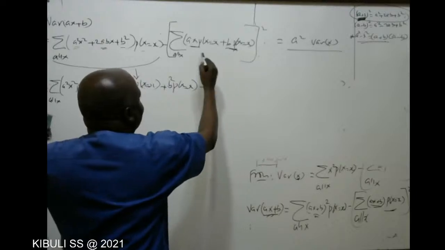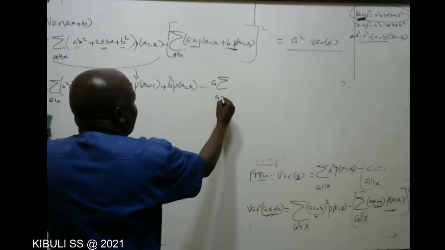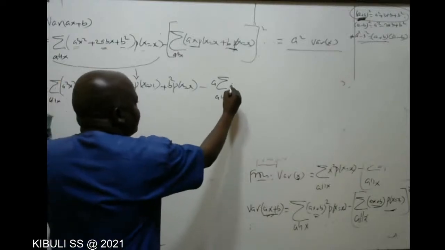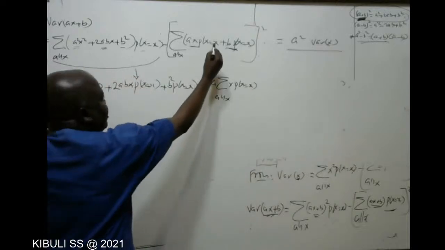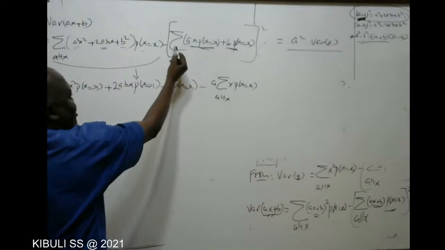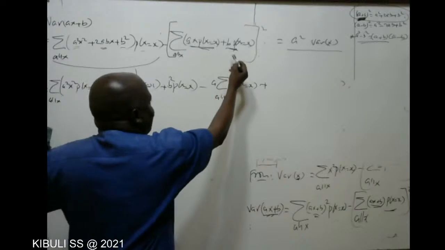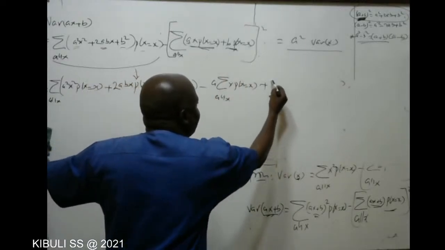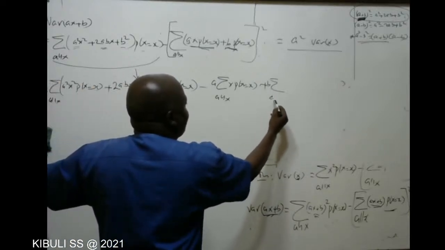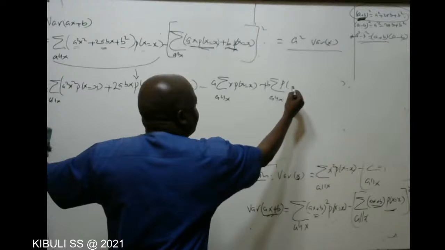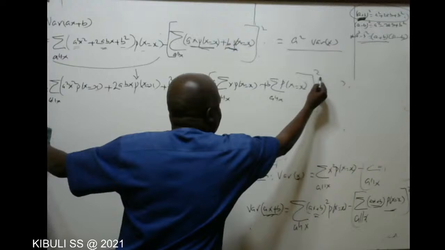This is going to be a constant when I put the summation, because I'm going to get a sum of all of X, X probability of X is equal to X. This part here, this one. I'm going to pull out this A and put there. Then I'm also going to pick that sum and put there and say this will be the sum. I pull out the B, that will be B, sum of all of X probability of X is equal to X, this one. But this is supposed to be squared.